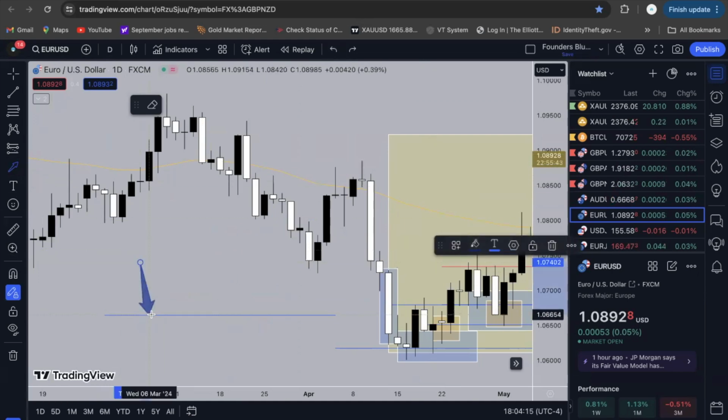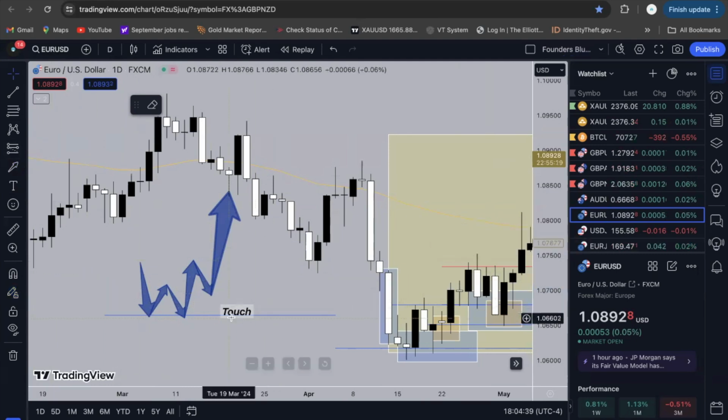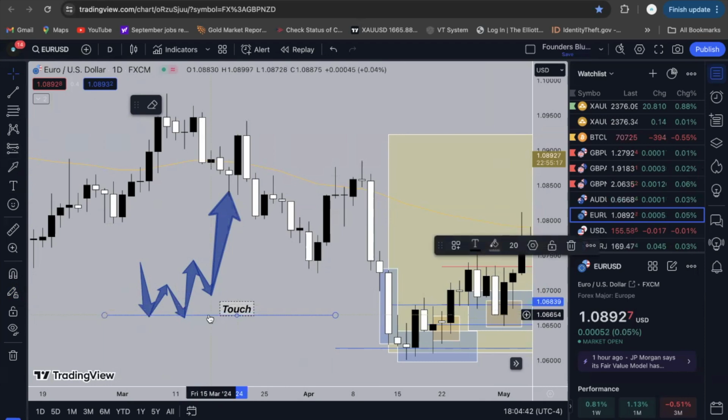This is a touch. In some cases, we can see the markets interact with the level of support, touch that level of support, and maintain it, then continue to push higher.